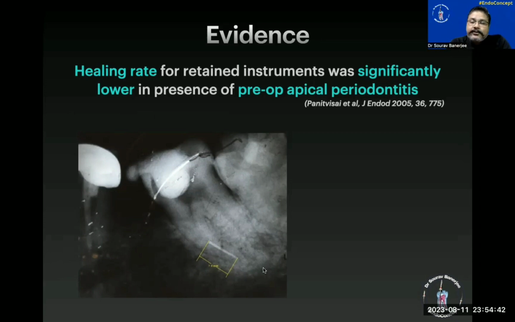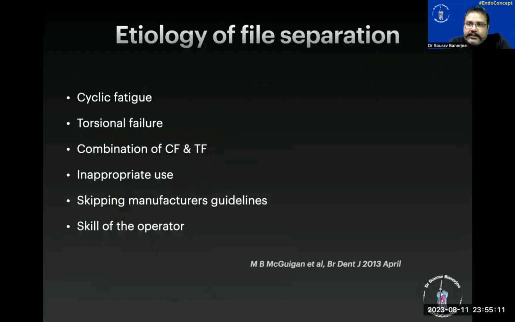That had compelled us to contemplate a retrieval in this particular case. According to the evidence, if there is apical periodontitis, there is the influence of exotoxins and enterotoxins of the microbes on the periapical tissues, and it may aggravate if the instrument is retained.